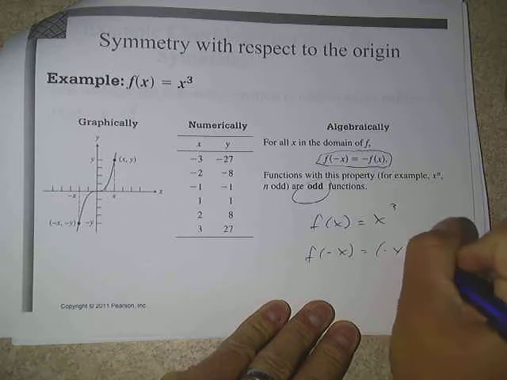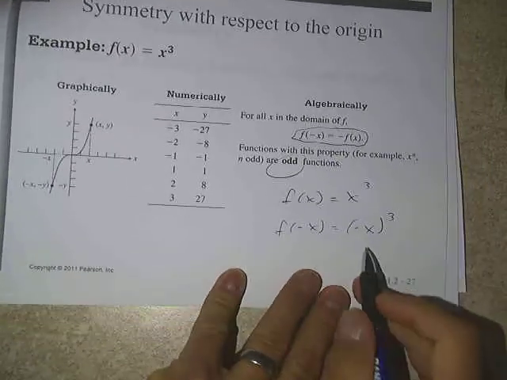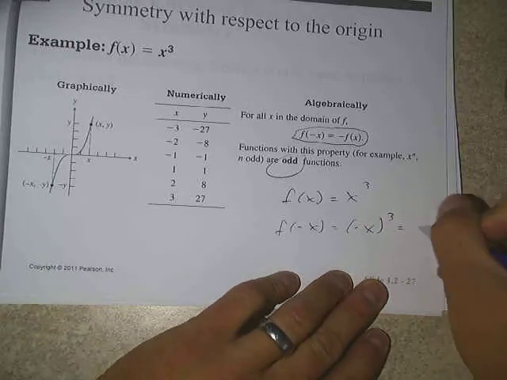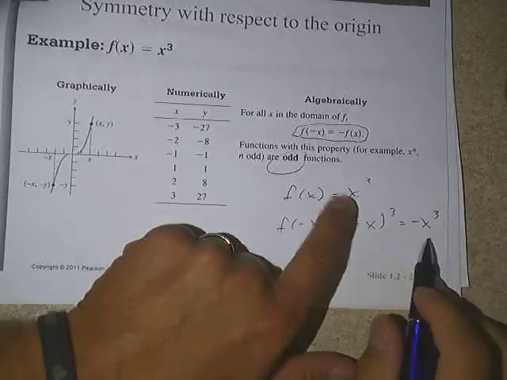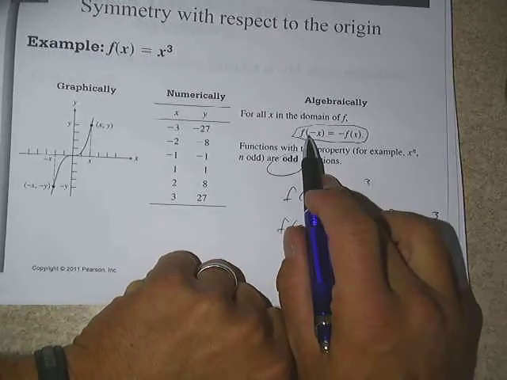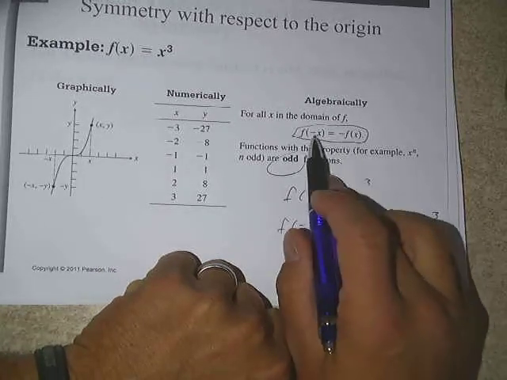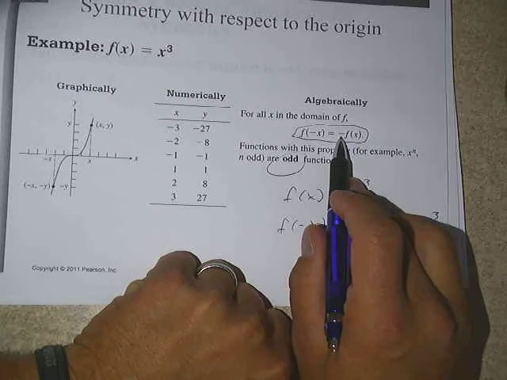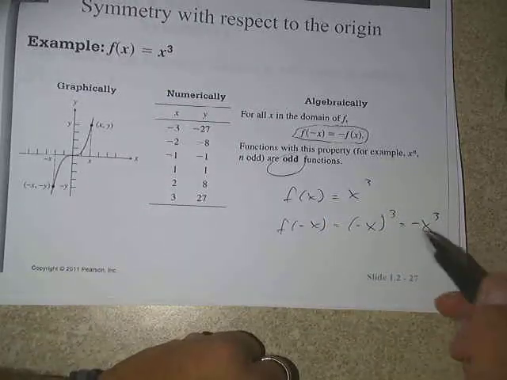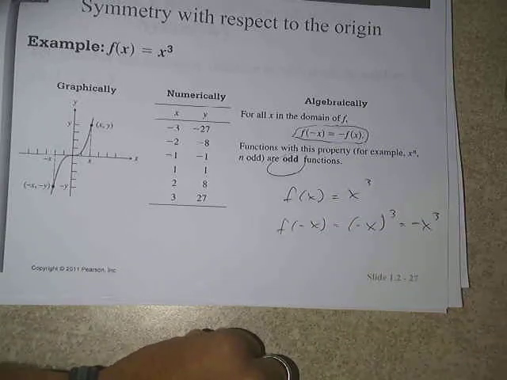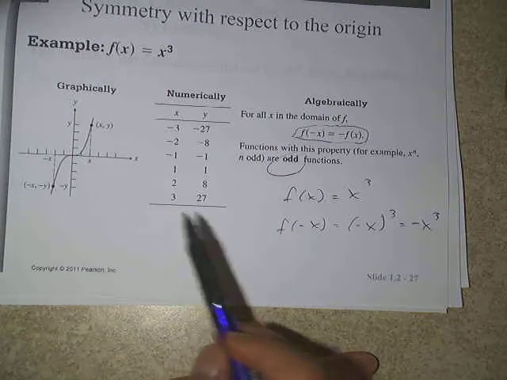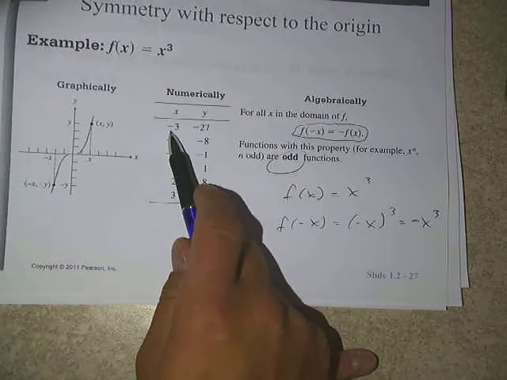So in this particular case, if we wanted to prove it for x cubed, we would put in negative x. And if we simplified that, it'd be negative x times negative x times negative x, which is negative x cubed. And again, aren't the two results opposites? And notice what we have up here: opposites. f of negative x is equal to the opposite of f of x. So if that's the case algebraically, then we have an odd function.